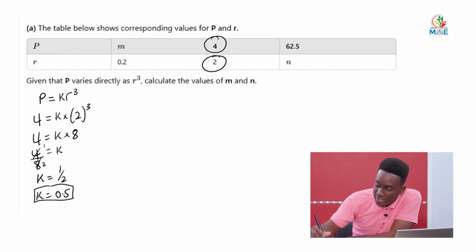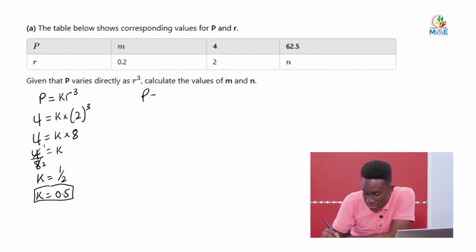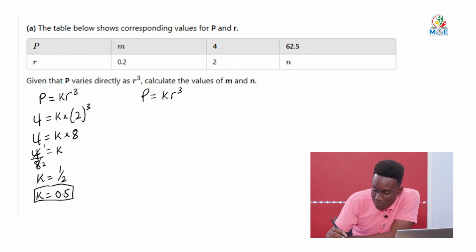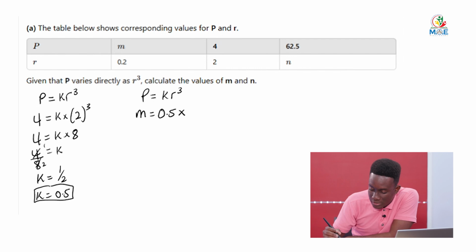So now we want to find M. So this is what we use. So we know P is equal to K R to the third power. So we know the value of P that we want to find would be M. So we can say M is equal to K. We found K to be 0.5 multiplied by R, so we found R to be 0.2, so this is 0.2 cubed.